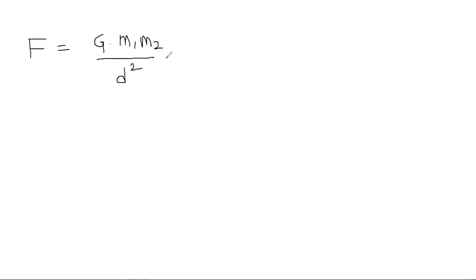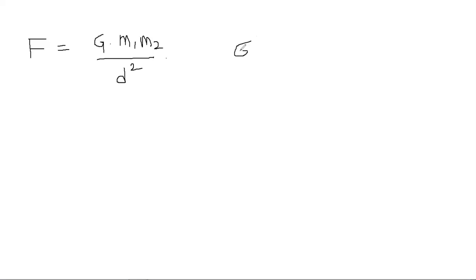We have the law that every body in the universe attracts the other body, and that force is directly proportional to the product of their masses and inversely proportional to the square of their distance, right? So according to this law of gravitation, F is equal to G m1 m2 divided by d square, and G is nothing but your universal gravitational constant, right?